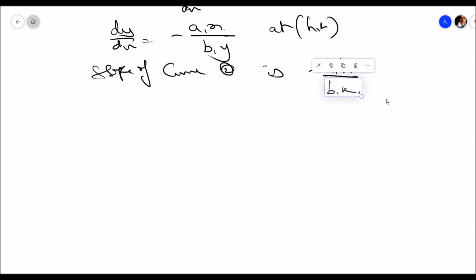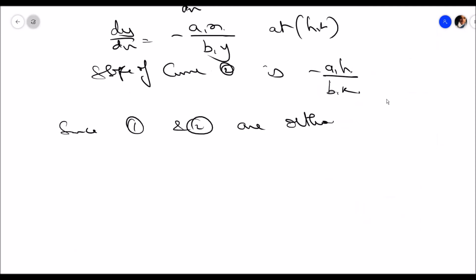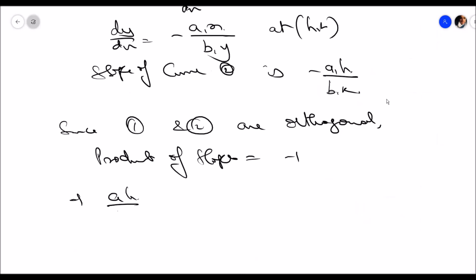Okay, since curve 1 and curve 2 are orthogonal, right, product of slopes should be equal to -1, which means minus ah by bk with a minus sign, minus a1h by b1k should be equal to -1.